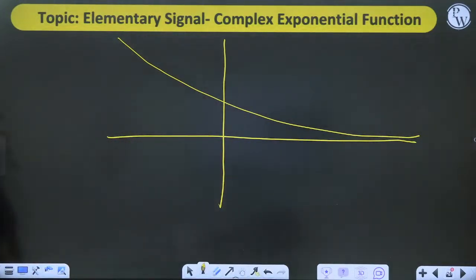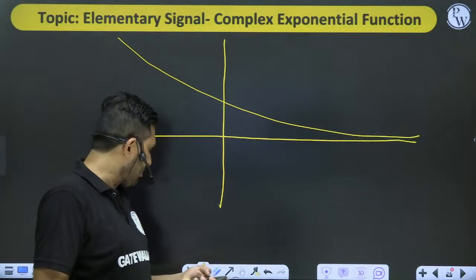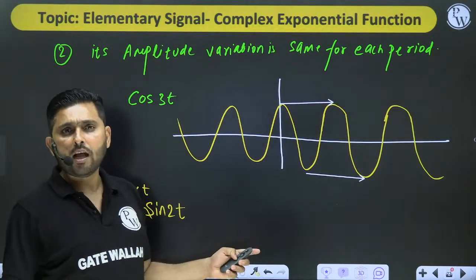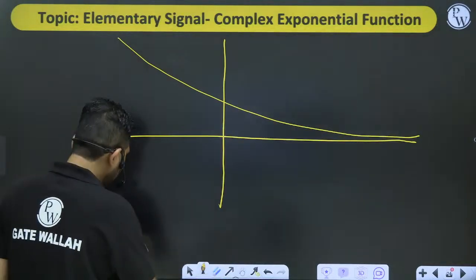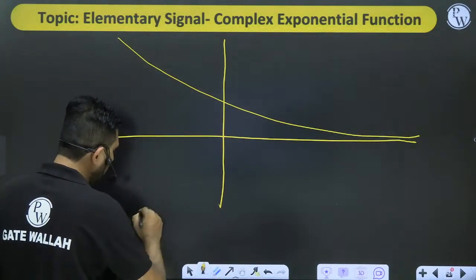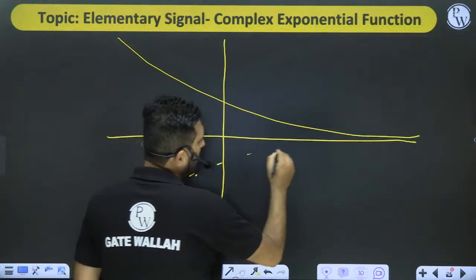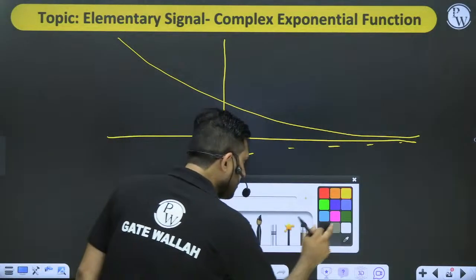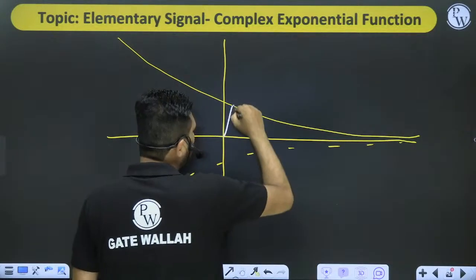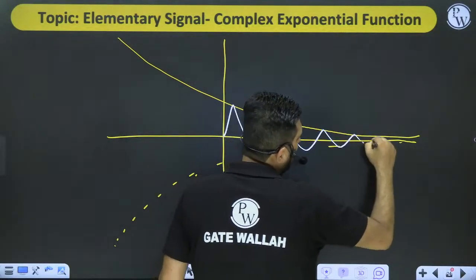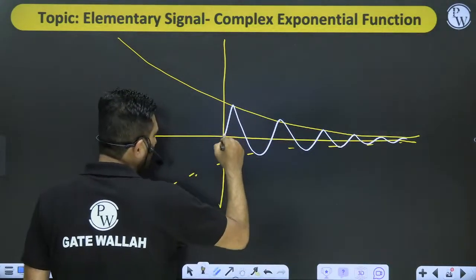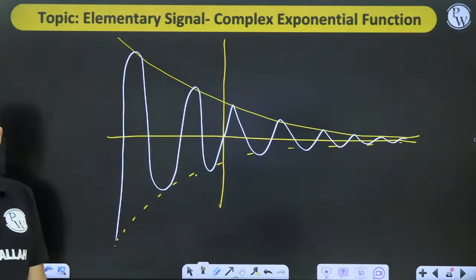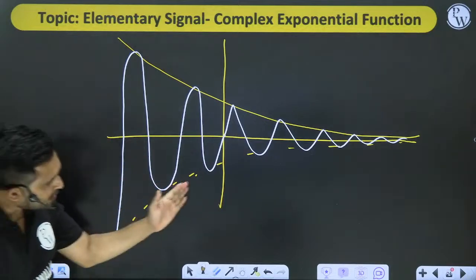And the sine function will have two maximum values, one is plus 1, another one is minus 1. So let's make a minus 1 like this, and in between you have a sine curve like this, and so on. So this is the damped oscillation function.